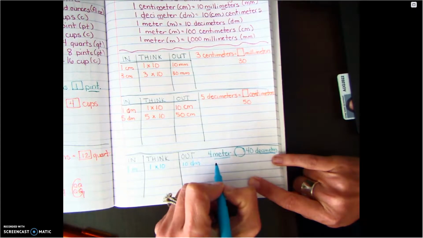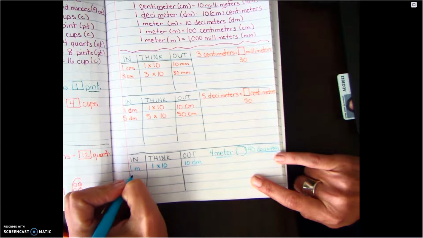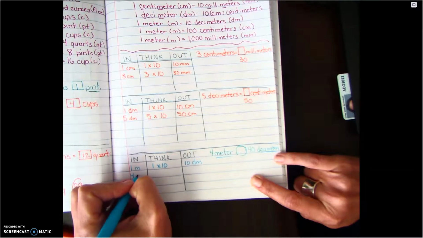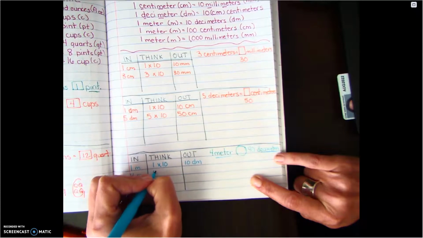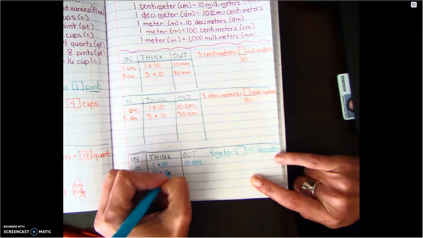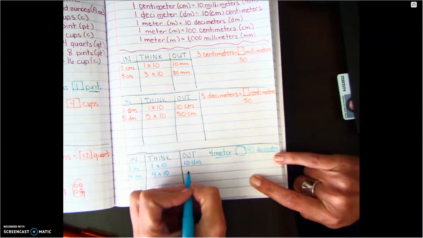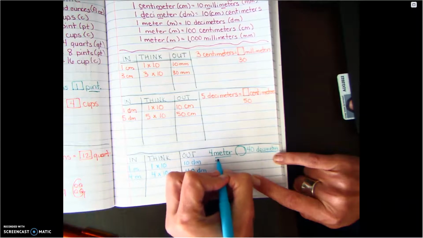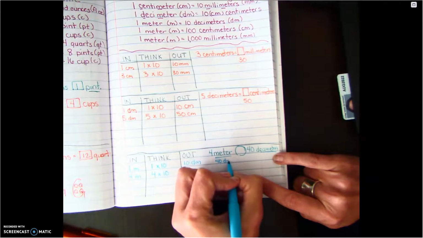So how many meters go in? 4. So I'm going to do 4 meters. So it'll be 4 times 10. So that means 4 meters is the same as 40 decimeters. Okay, so then I've got to put 40 right here, now that I've changed it.